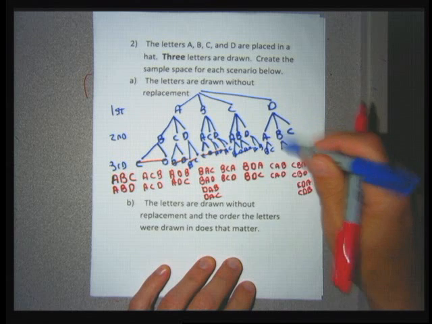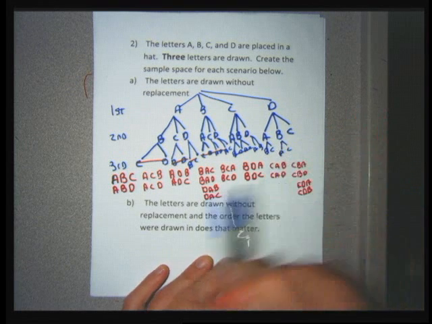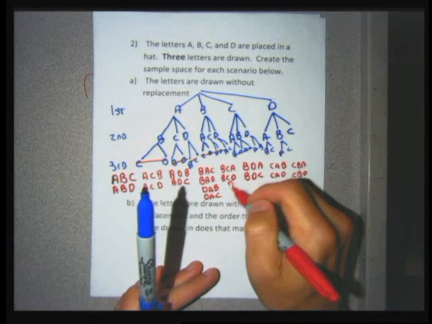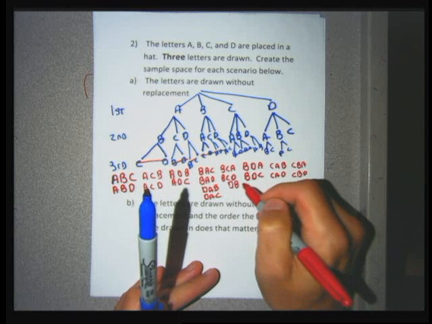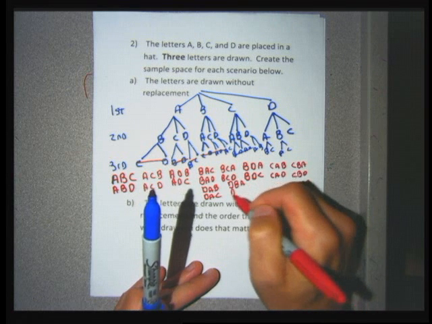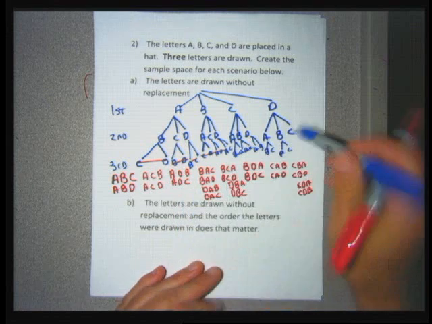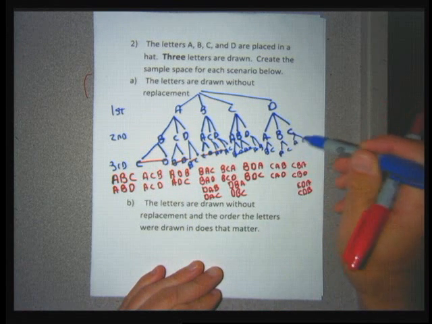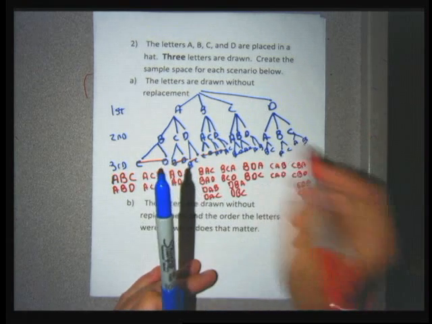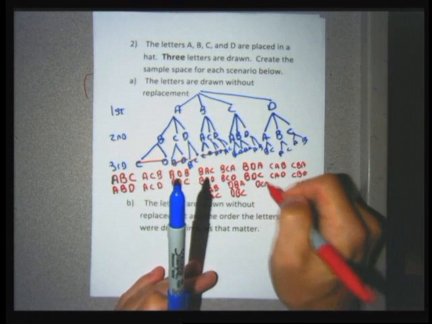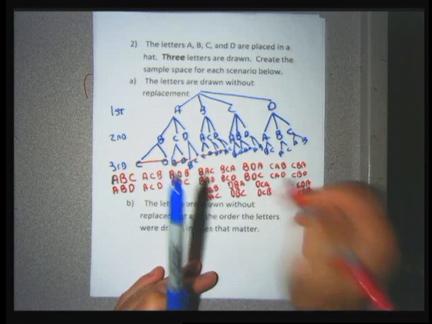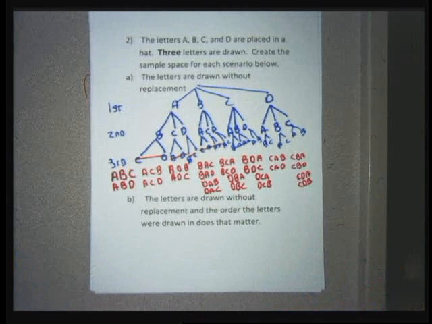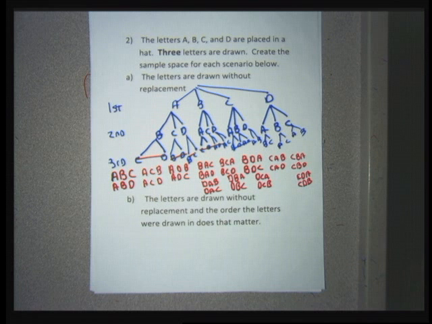D and B allows me to still get A and C. So my sample space would have a D, B, A, and a D, B, C. And then lastly, DC. If I get a D and a C, I still can get an A and a B. So I'm going to get a DCA and a DCB. So there are 24 elements in that sample space if I counted all the ones that I listed.